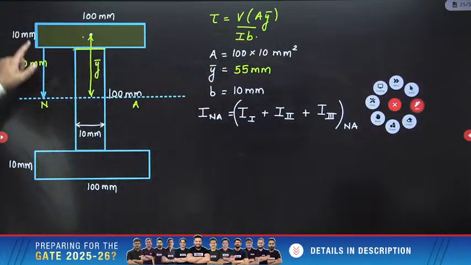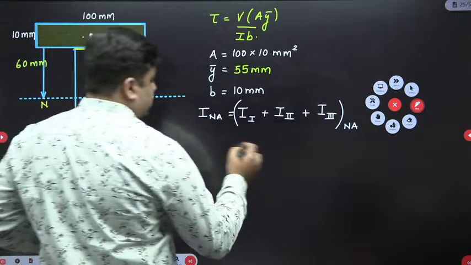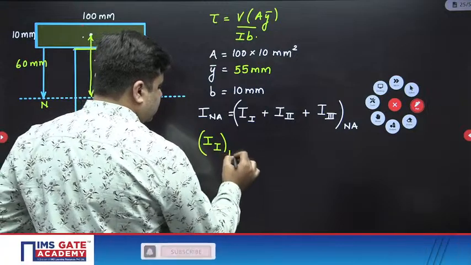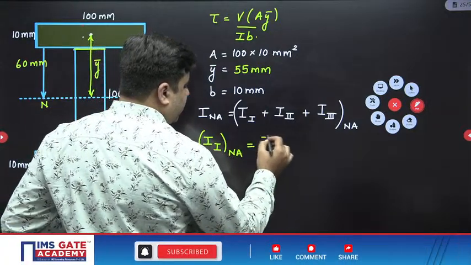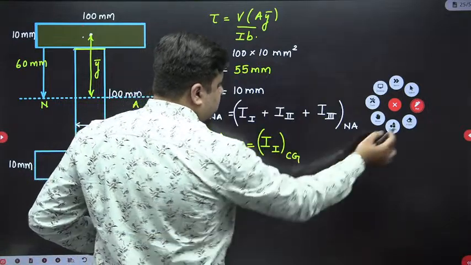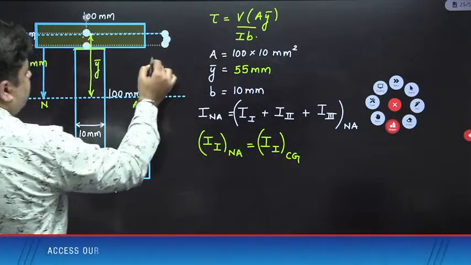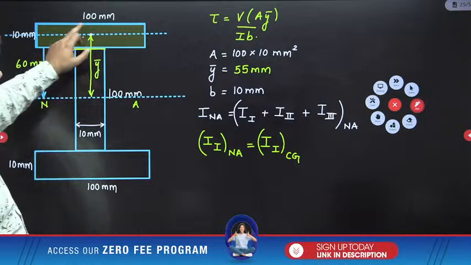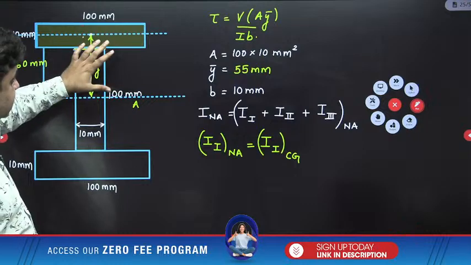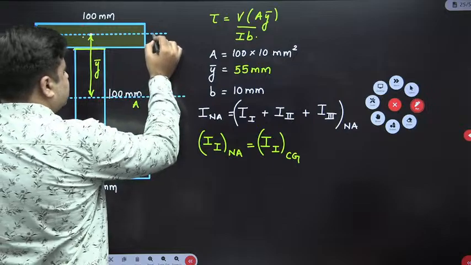Now, for writing the moment of inertia of the first rectangle about neutral axis, first you draw one axis like this, parallel to the neutral axis, through its own CG. Moment of inertia of the first rectangle about neutral axis is equal to moment of inertia about its own centroidal axis plus A1 into x1 square.